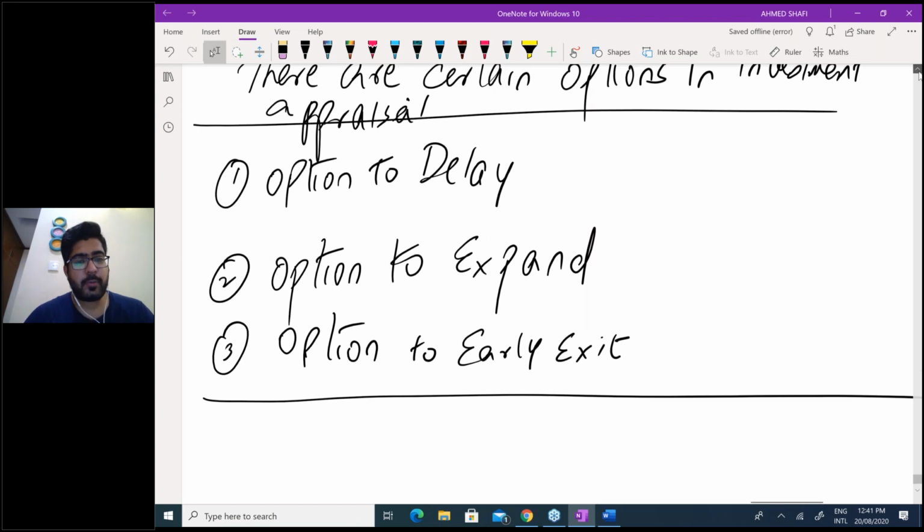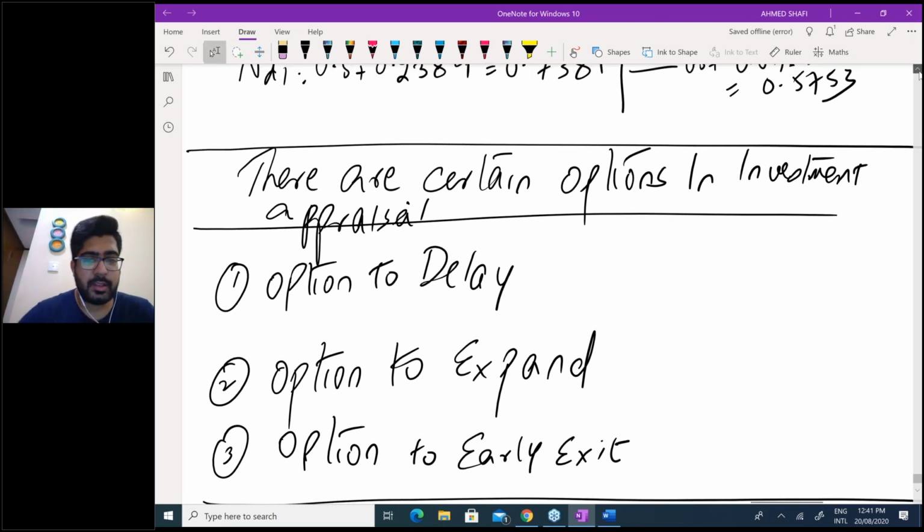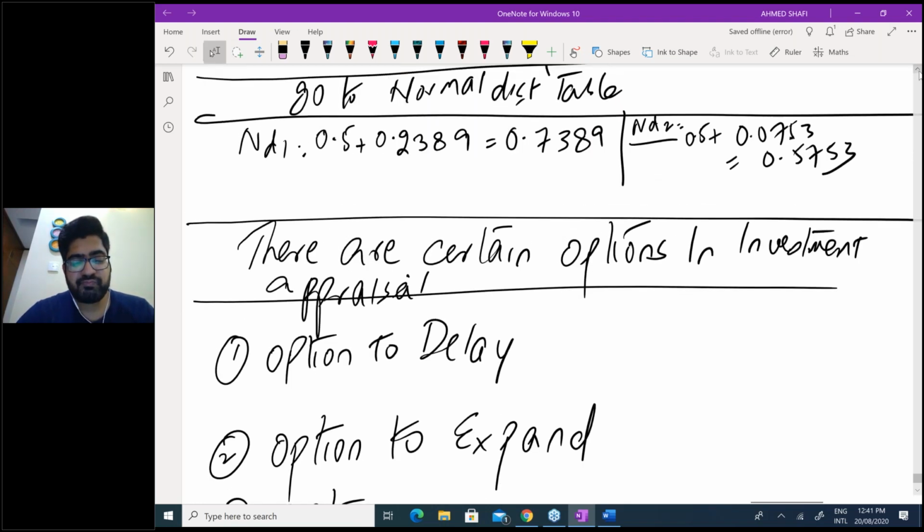Now, what is this option to delay? You are about to start a project next month. Someone comes and says, you are starting next month, better delay till winter season. You will get good returns. Now, is this a forced measure?